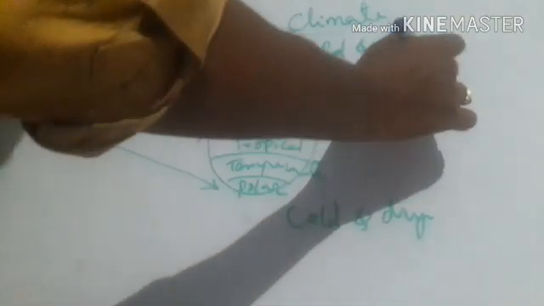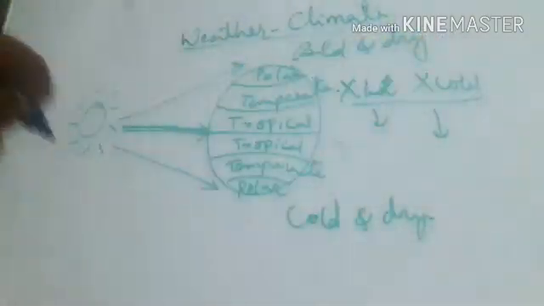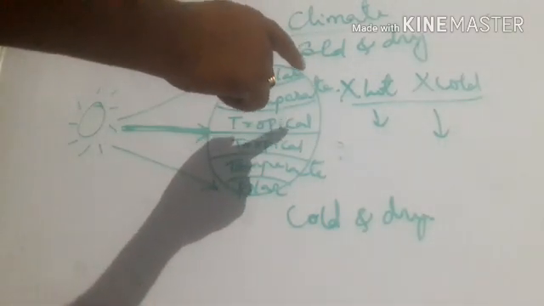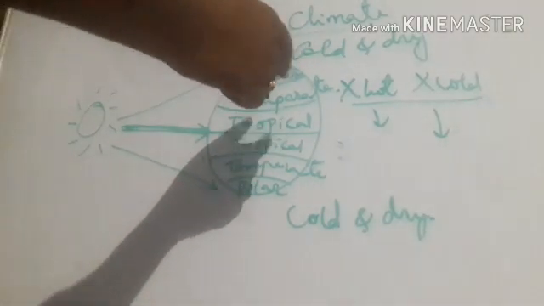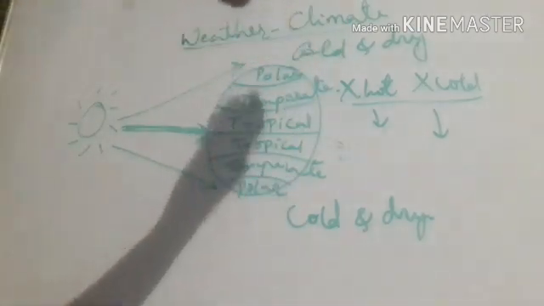It is not hot and not cool. Sometimes rainfall occurs, sometimes snowfall occurs. This is what we call temperate climate.